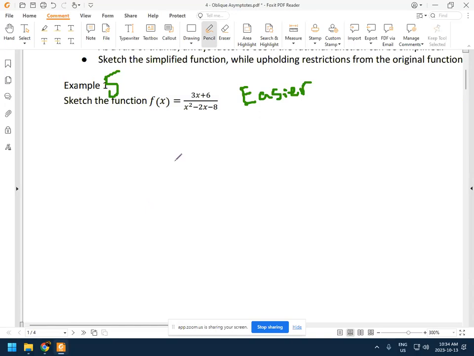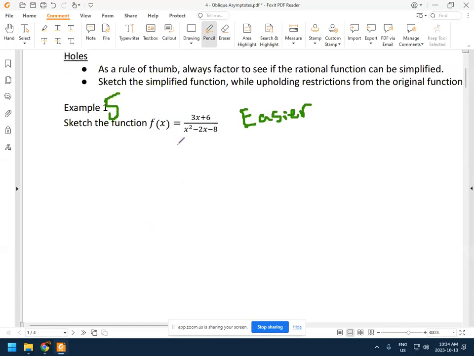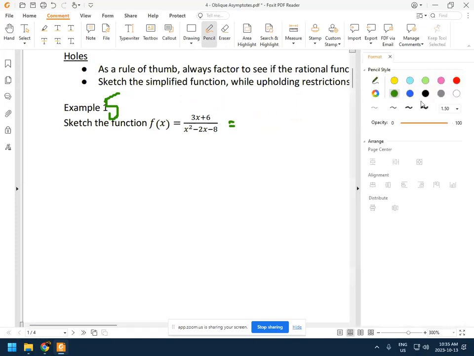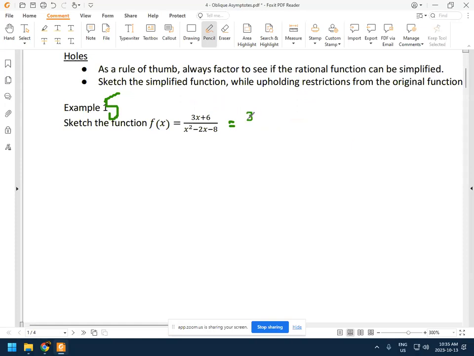Example 5. As a rule of thumb, always factor. Always. Just to see if you're going to deal with an easier graph. And so here we go. Top one is a common factor. So I'm going to make this pen stroke a little smaller. That is 3 bracket x plus 2.